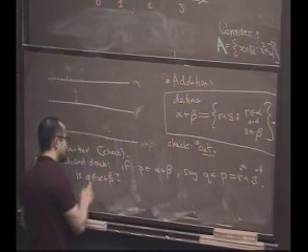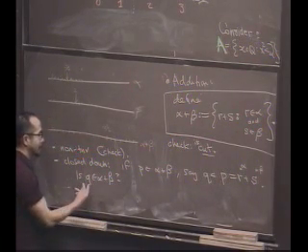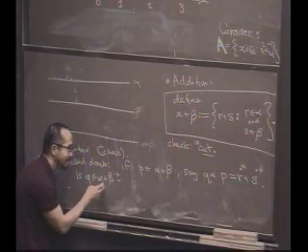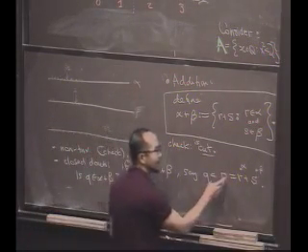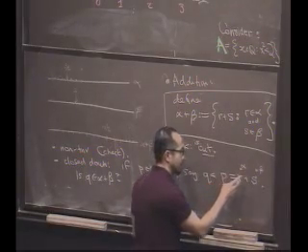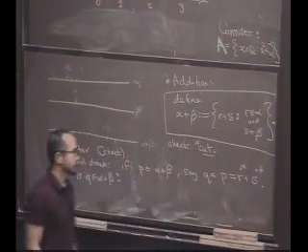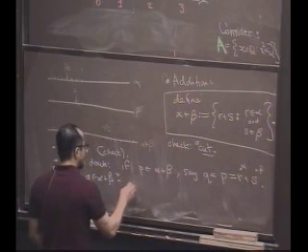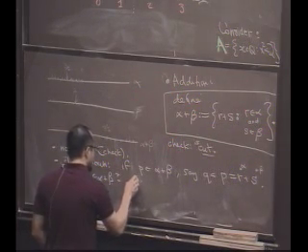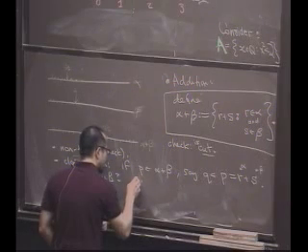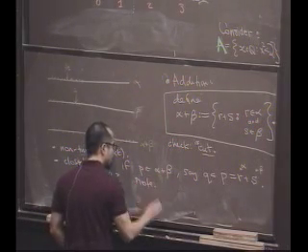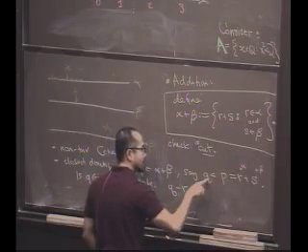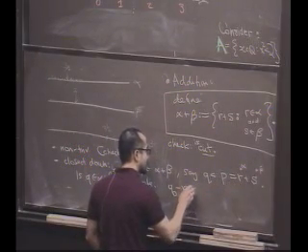Well, what does it mean to show that q is in alpha plus beta? I need to write q as the sum of two things, something in alpha and something in beta. I know p is the sum of two things, r and s. Okay. Well, would you agree? So notice, this is a neat observation. If I take q minus r, would you agree that because q is less than r plus s, q minus r is less than s?